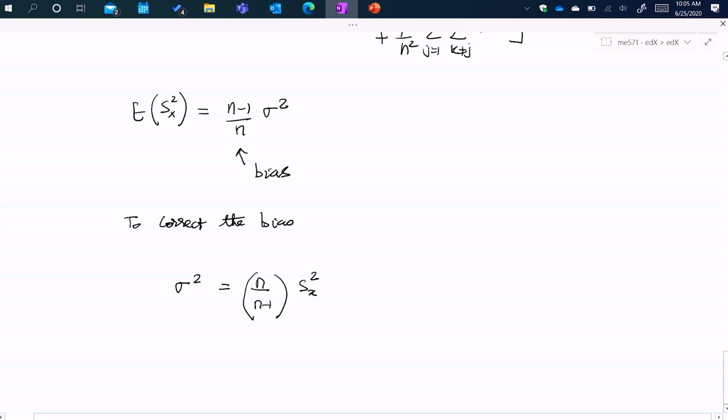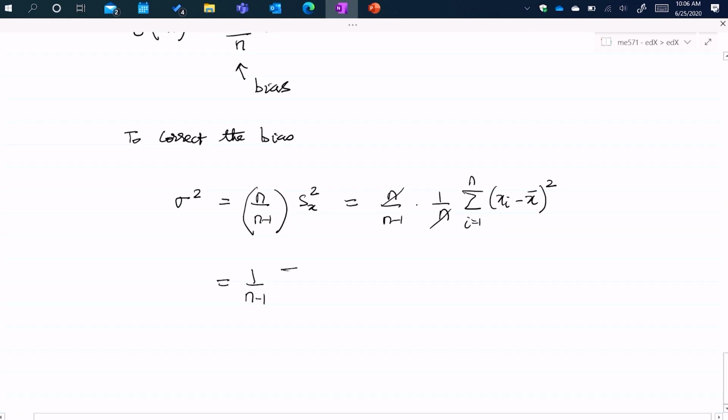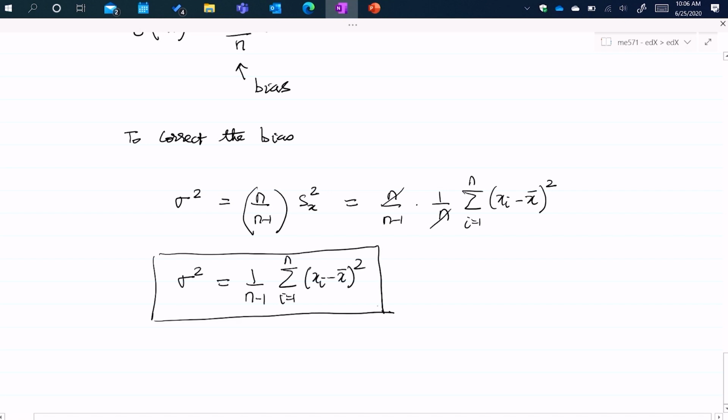Okay, and that would give us the formula n over n minus 1 times 1 over n times summation i going from 1 to n xi minus x bar squared. So you cancel out the n's, and that gives us the formula for estimate of population variance given a sample. So notice the 1 over n minus 1 in the denominator, and that comes about to correct the bias that we would have in our sample variance.